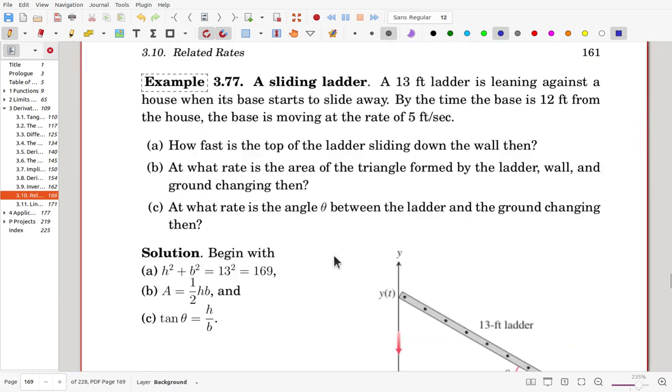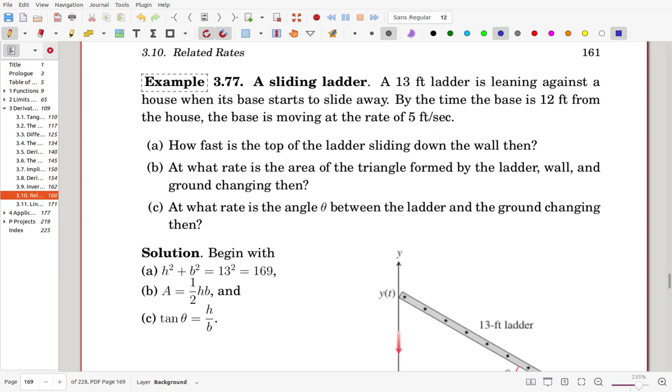Okay, let's go to the last problem. A sliding ladder: a 13-foot ladder is leaning against a house when its base starts to slide away. By the time the base is 12 feet from the house, the base is moving at a rate of 5 feet per second.